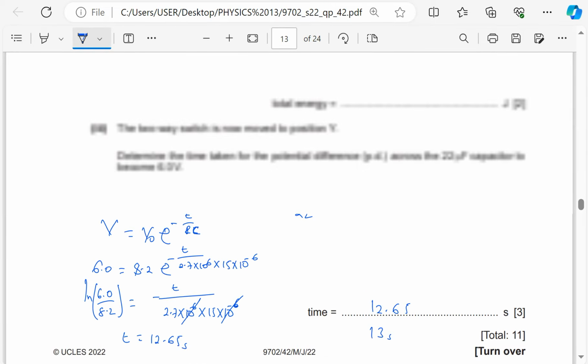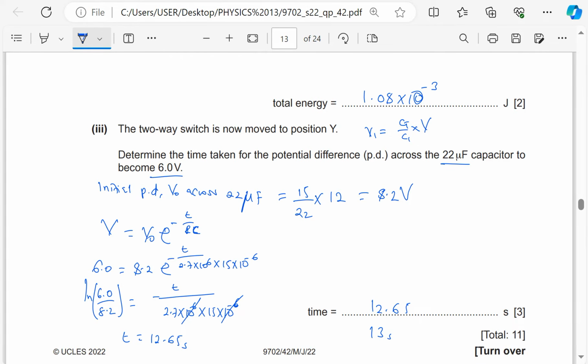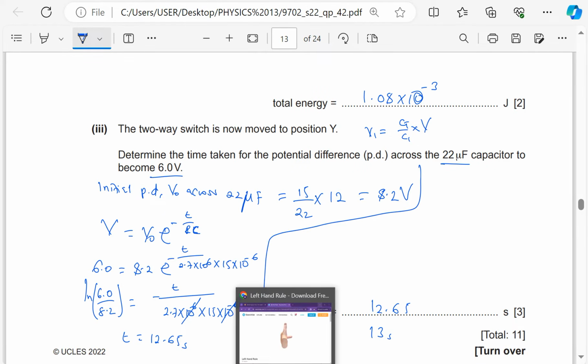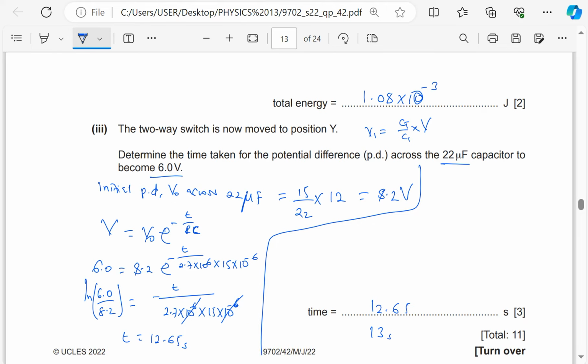Another alternative, instead of using that method, is to find the PD across both capacitors. This is method 2, and I think method 2 is the easiest. V naught is the initial PD across both capacitors, which is of course 12 volts. Then V is the PD across both capacitors after discharge.